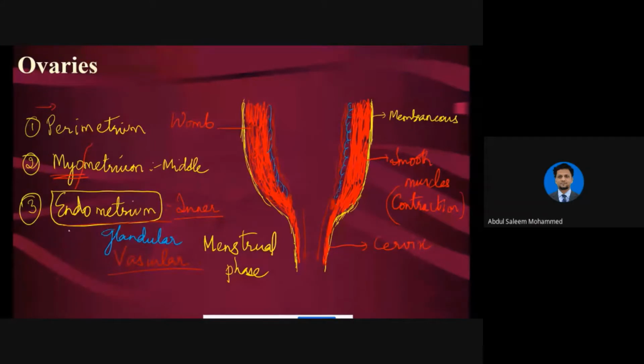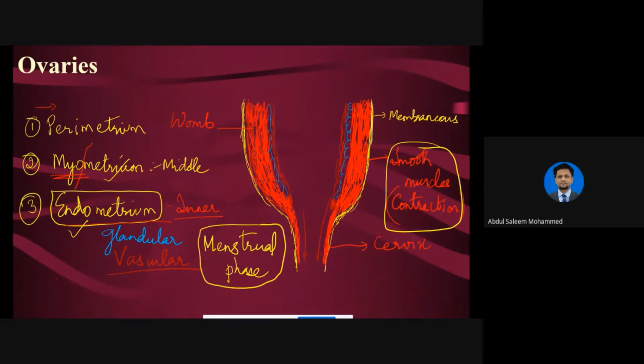Why are the endometrium and myometrium important? I told you that the myometrium is helpful in the delivery process, whereas the endometrium is not only helpful in the menstrual phase, but also the process of implantation takes place with the help of a specialized tissue. This specialized tissue is called the placenta. So the formation of the placenta also takes place with the help of these endometrial walls.